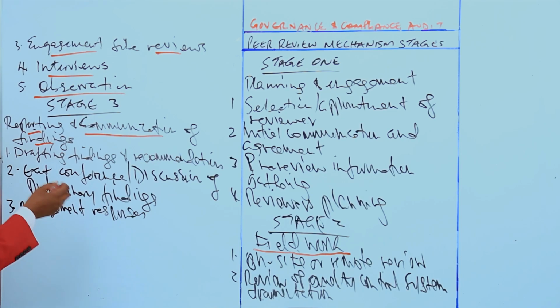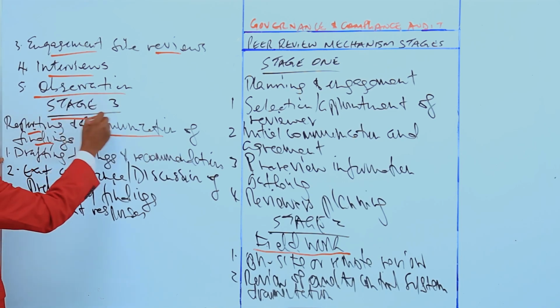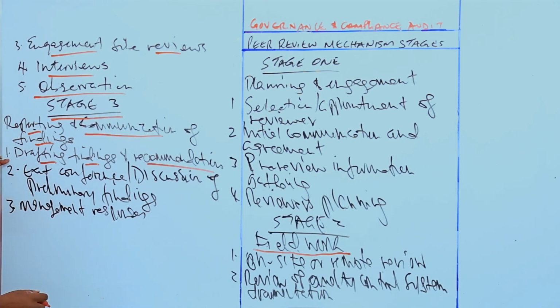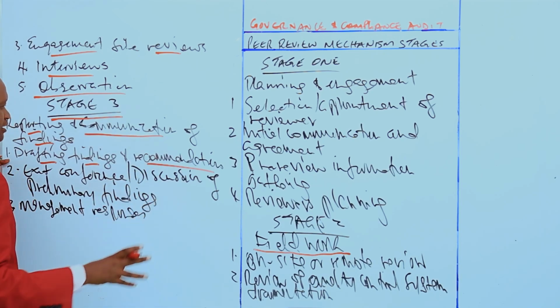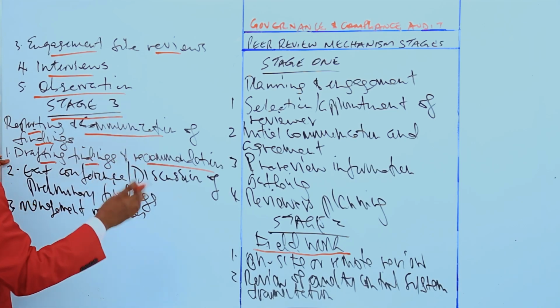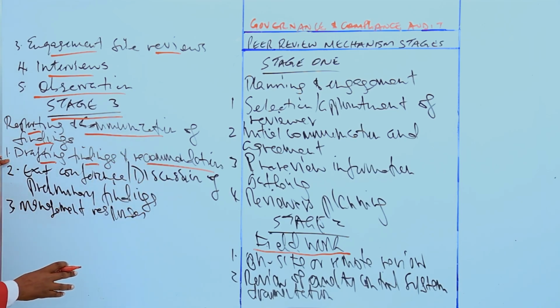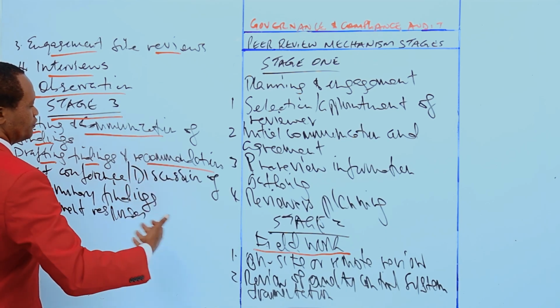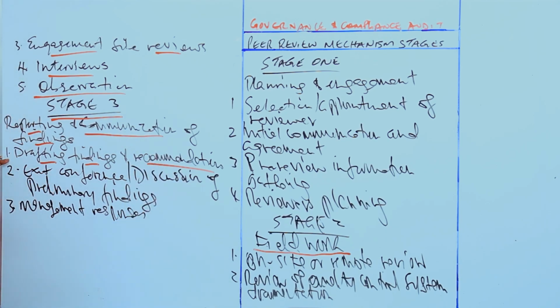With that evidence, in the third stage, the reviewer drafts the findings and recommendations. Then they hold a conference or a meeting where these findings are discussed openly, with the reviewed entity also providing additional information.